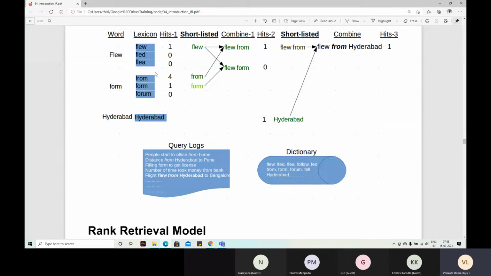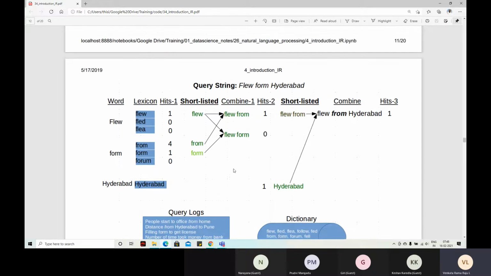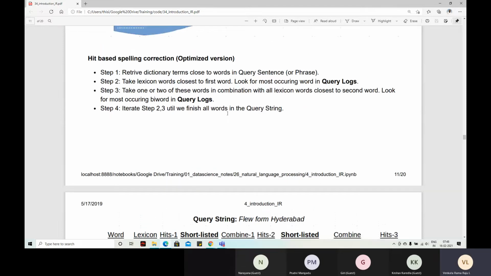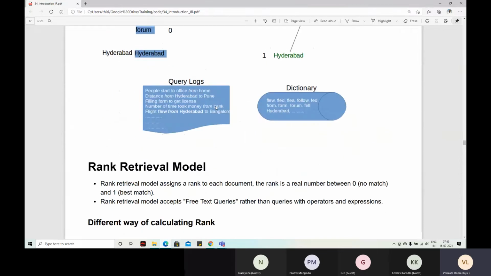We are taking the most prominent words and forming the combinations and then looking into query logs. If it is occurring the most number of times, then we take that as the correct spelling. This reduces the number of queries in the query log. So that is a little bit of improvement on the context sensitive search.